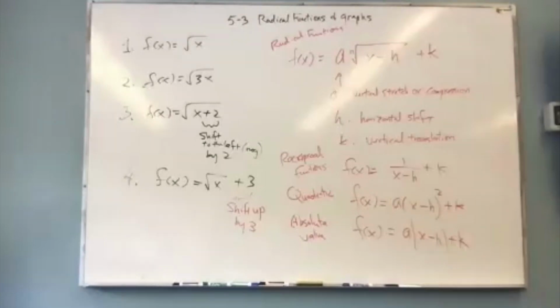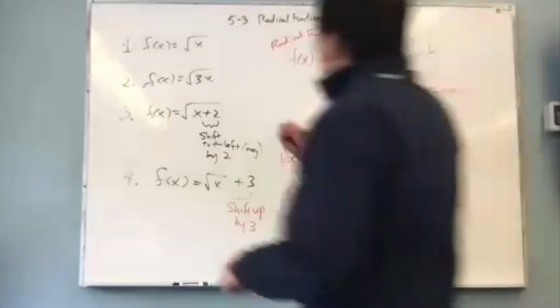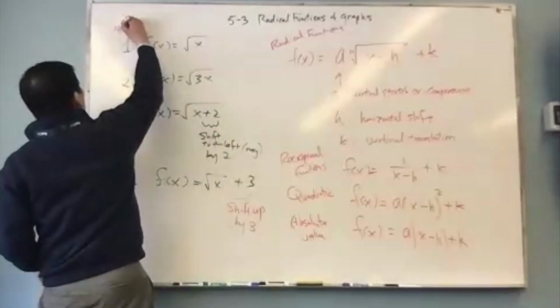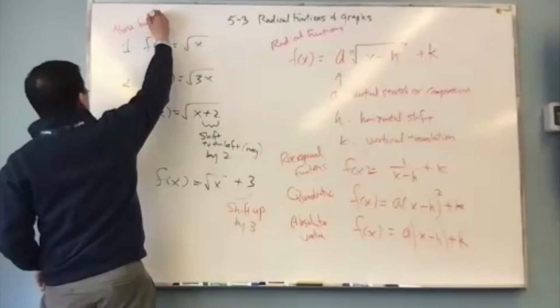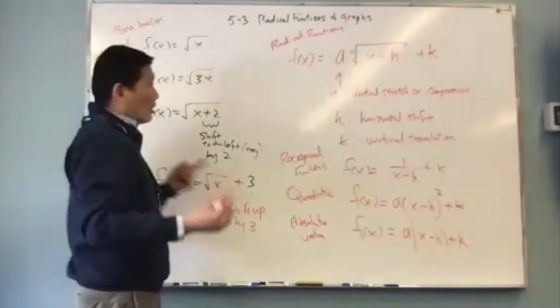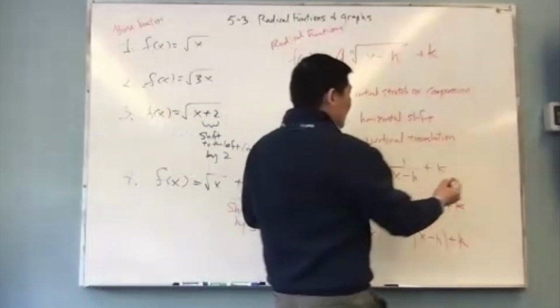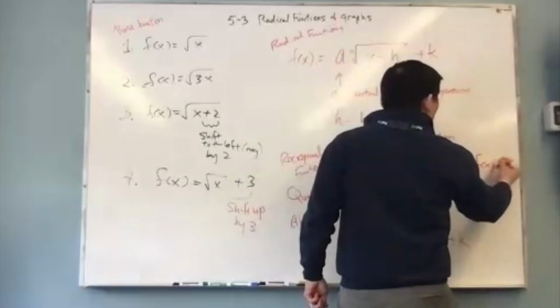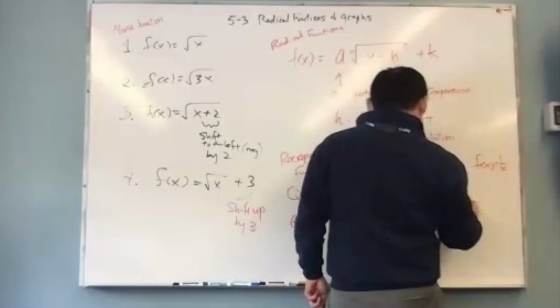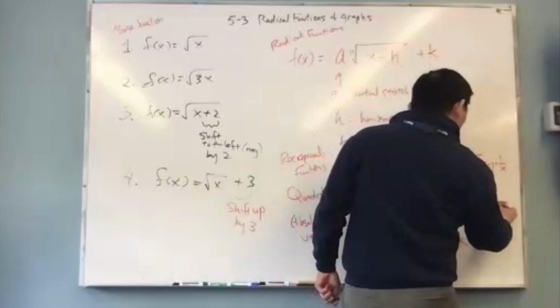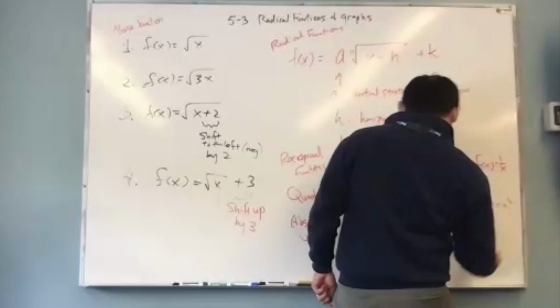So all you need to do is understand the base function. The base function for the quadratic, this is what we would call the base function. It's what you start with. The base function here is 1 over x. The base function of quadratic is x squared.